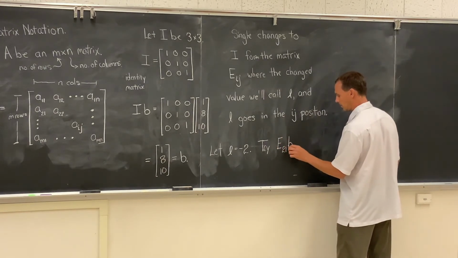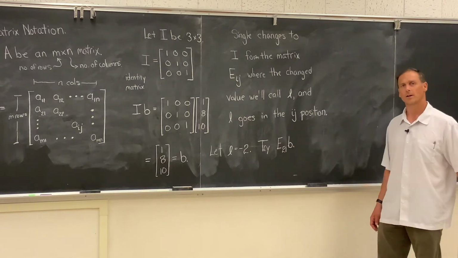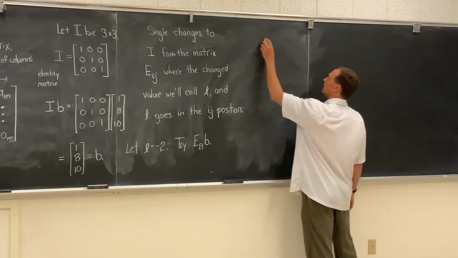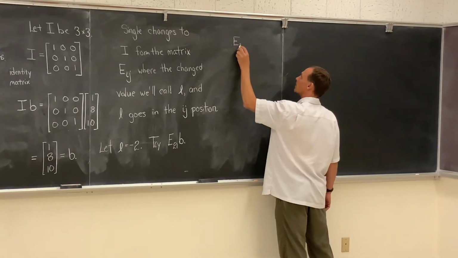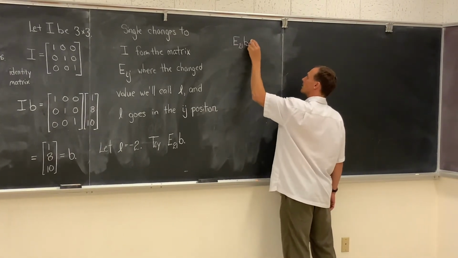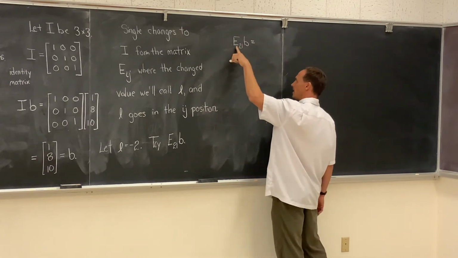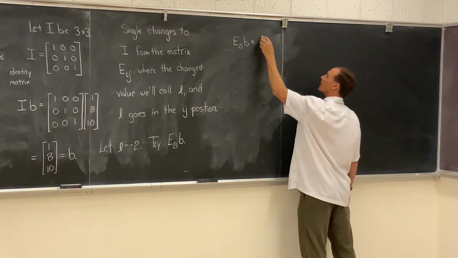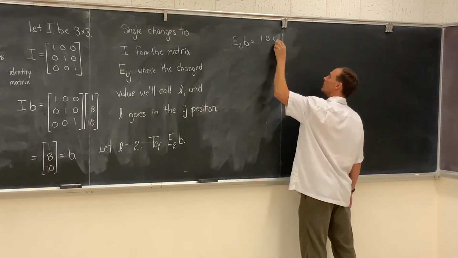Try E21 times B. So let's write that down. E21 times B. Here's what it looks like. The E matrix is just like an identity, except for one position is changed. So I have 1, 0, 0.